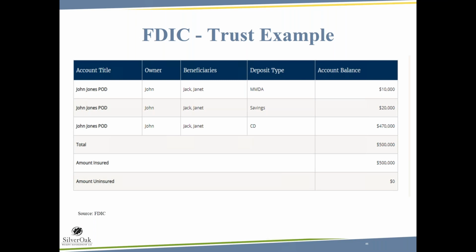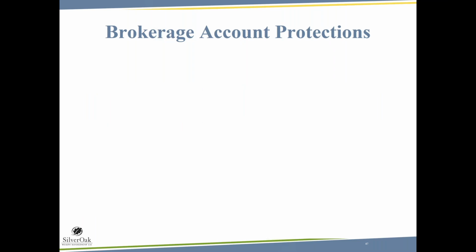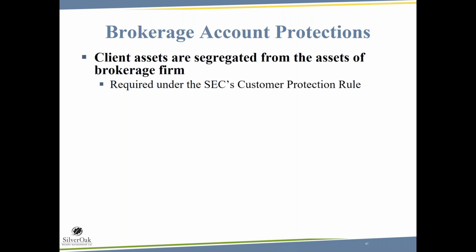Obviously, just kidding there. Well, let's talk about brokerage account protections because FDIC is bank. And you mentioned the institution that covers credit unions. But what about brokerage accounts? And as it relates to brokerage accounts, this is SIPC protection.